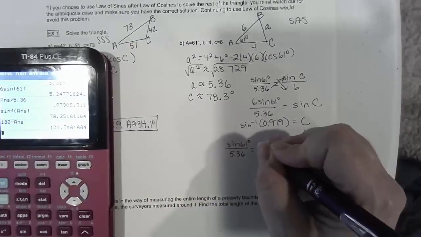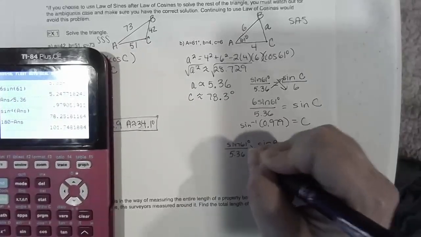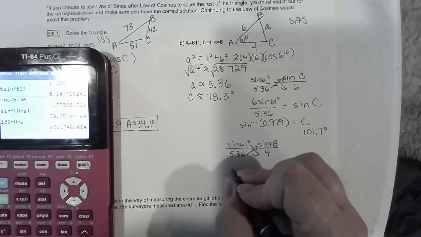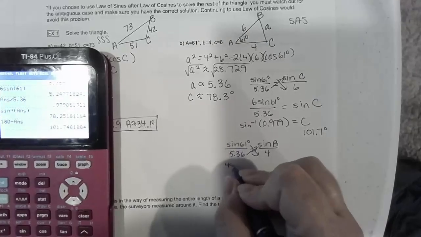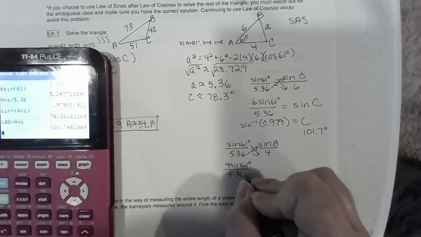So set up sine of A over A equals sine of B over B. So 4 times sine of 61 degrees divided by 5.36.